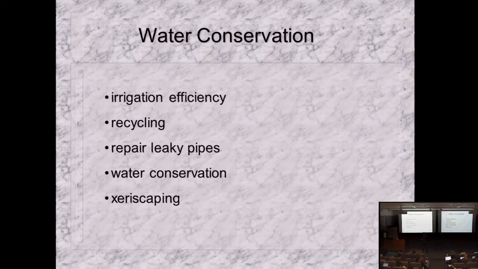Xeriscaping around here would be, you maybe have seen this ground cover that is ivy or something like that. It's not a lawn, but it's native vegetation that's from around here that doesn't require any water, can just grow with small amounts of water. So xeriscaping, dry landscaping, means changing your lawn and your property so that it doesn't have a huge amount of water going into it.